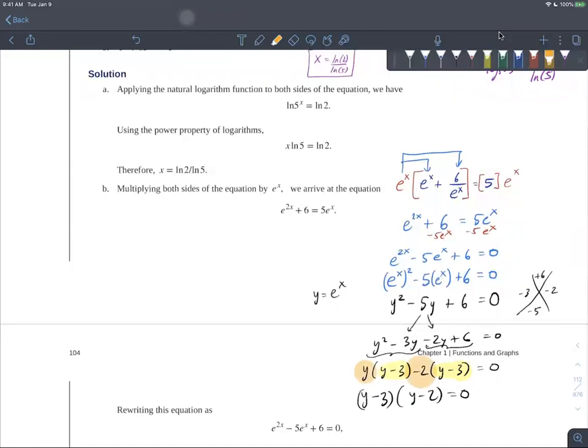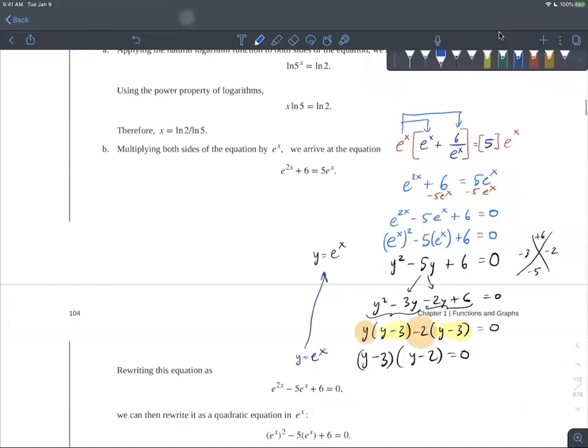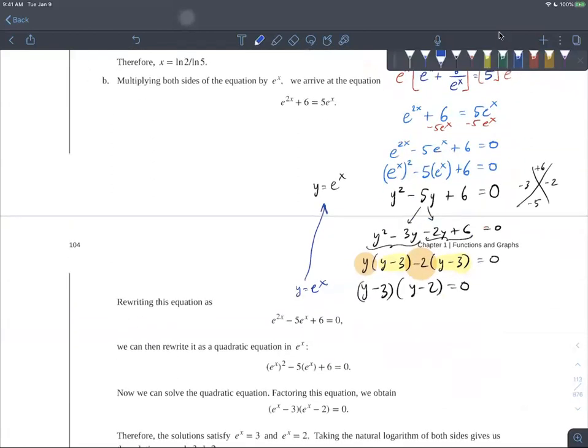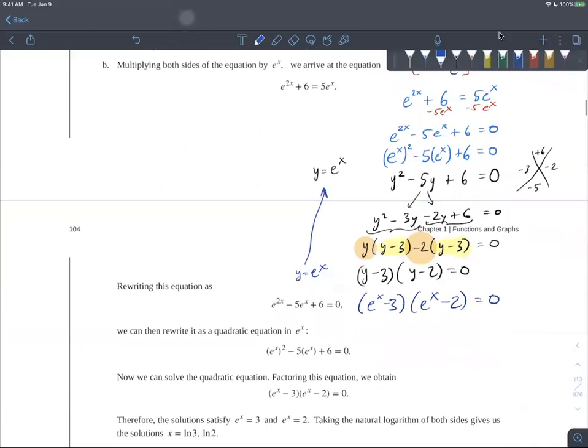Okay, and then making our substitution back in, right? Remember that y was equal to e to the x. That was a substitution that we made just a moment ago. So we're going to substitute it back in. Y is e to the x. And so according to the zero product property, we can set both of these factors equal to 0.